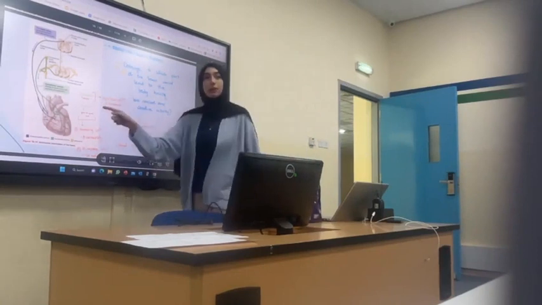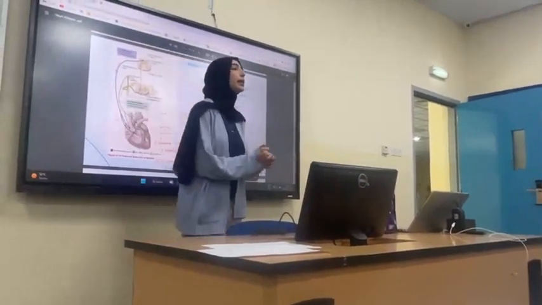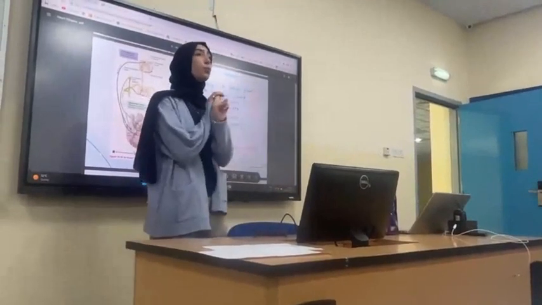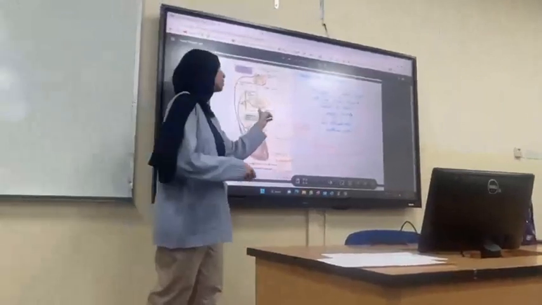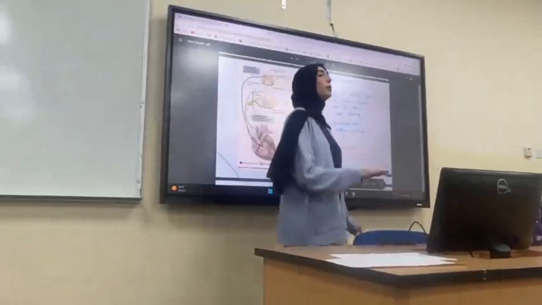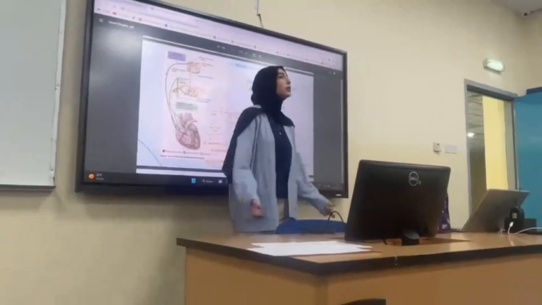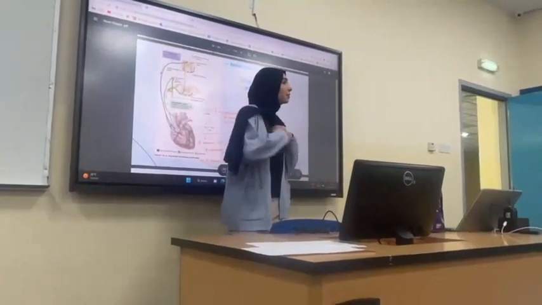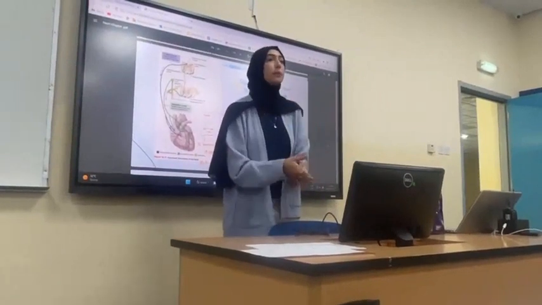Good job. So the medulla oblongata is what controls the cardiac activity. There are two important centers, the cardioacceleratory and the cardioinhibitory. Which one is more dominant? The inhibitory. Because when you're sitting, your heart isn't pumping really fast, right? So usually it's inhibitory.